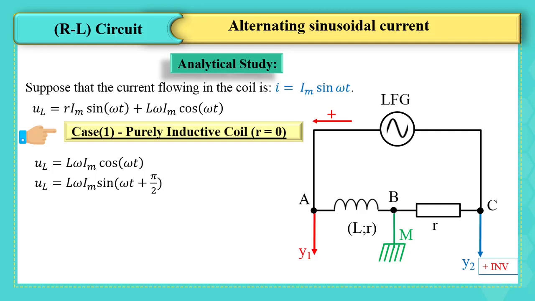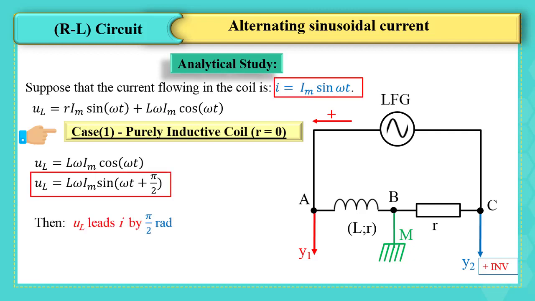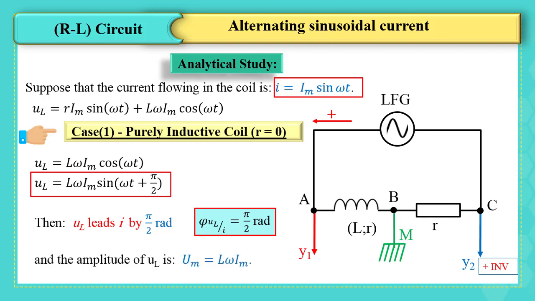By comparing the two expressions of i and UL, we can conclude that UL leads i by pi over 2, where the phase difference of UL with respect to i is equal to pi over 2 as shown in the expression. And the amplitude of UL is equal to Um, which is equal to L omega Im.